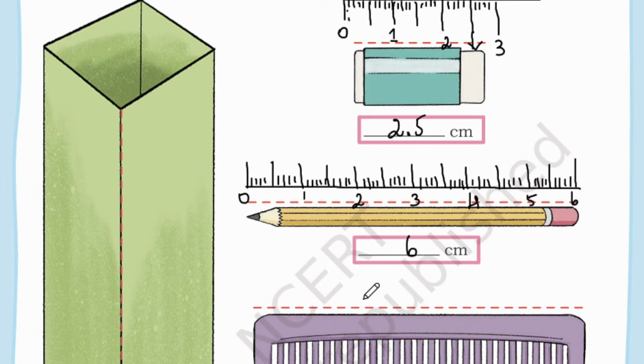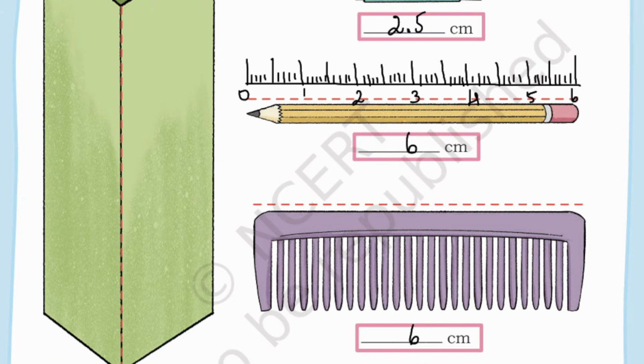Okay, I can draw a line here itself, no need to draw a line, so I can measure from here. So 0, 1, 2, 3, 4, 5.